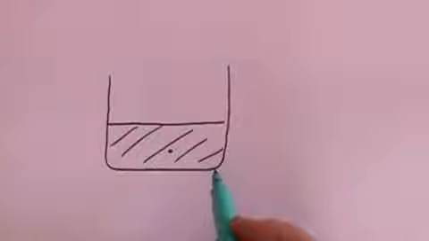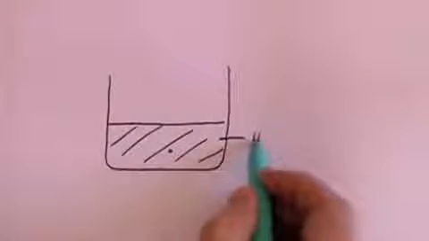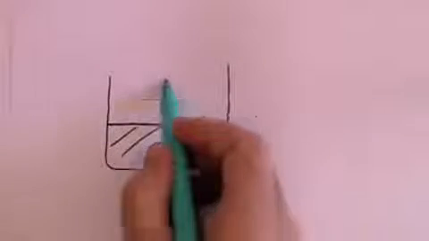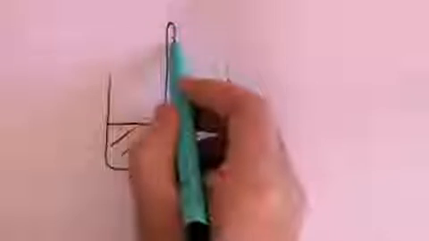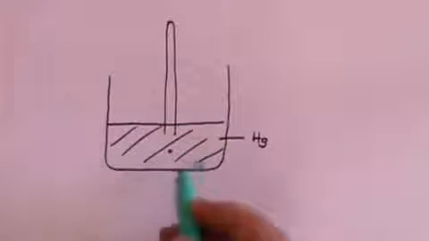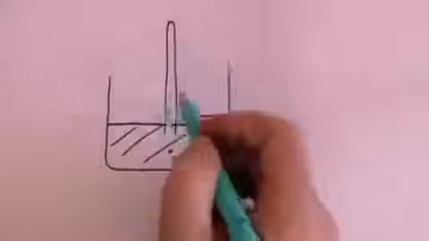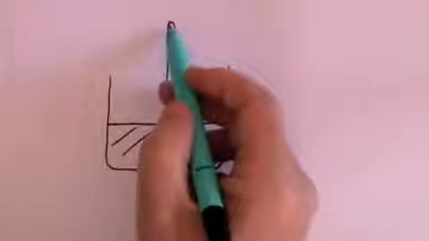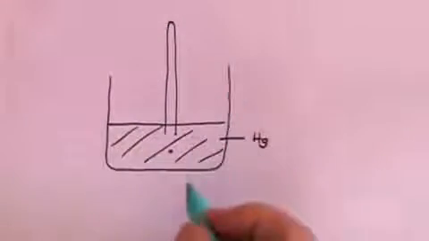Let's make it about 1 meter long, and let's fill it with mercury. Let's say that this fluid is mercury, and we put the test tube upside down in this container of mercury, and this test tube is completely full of mercury, completely full to the top.